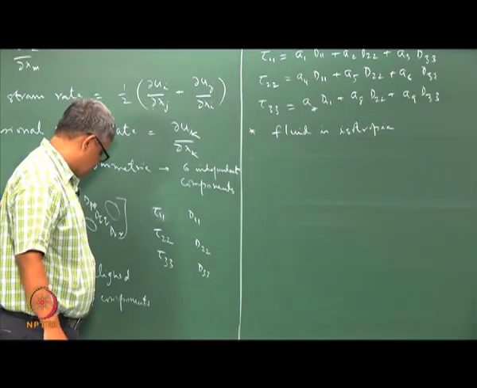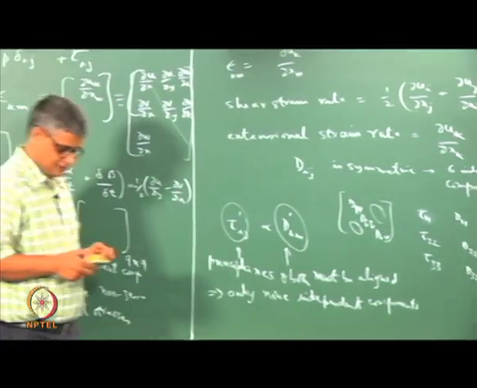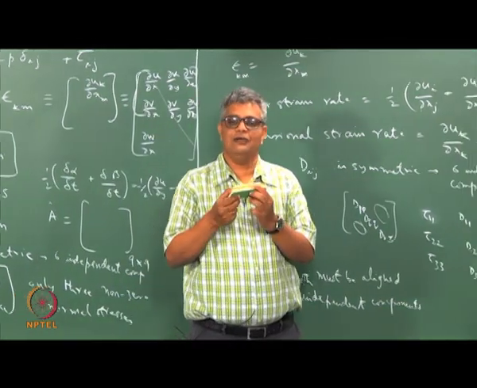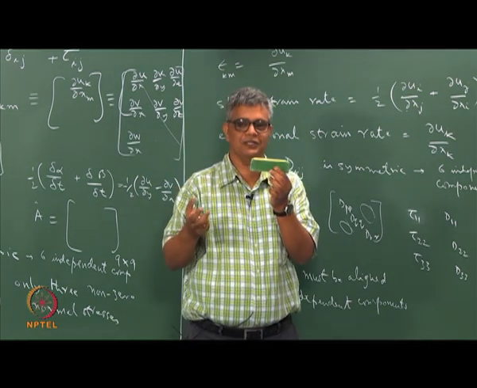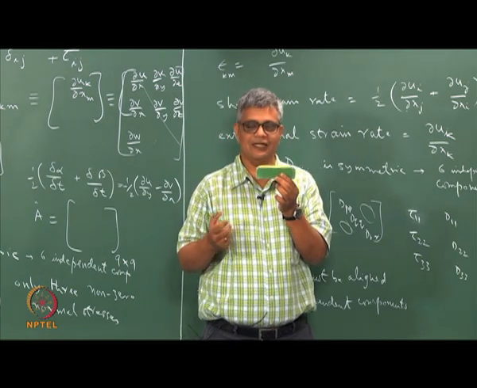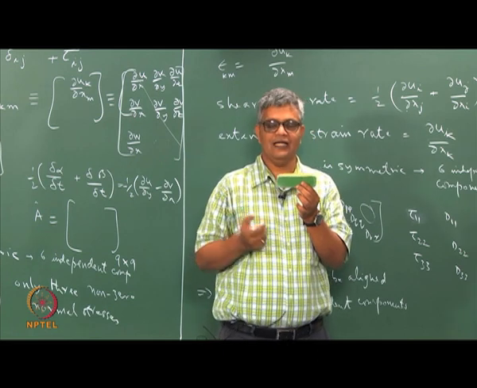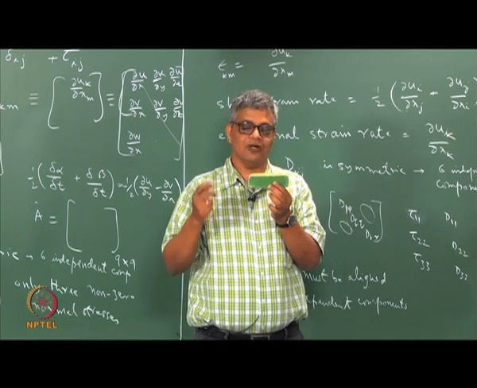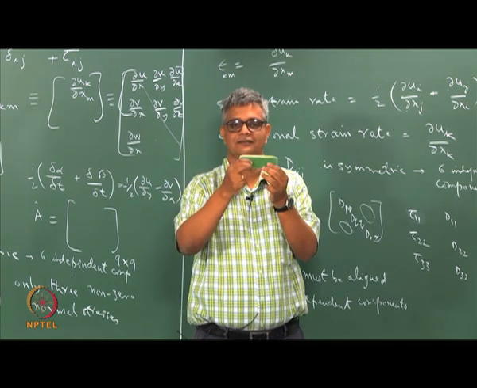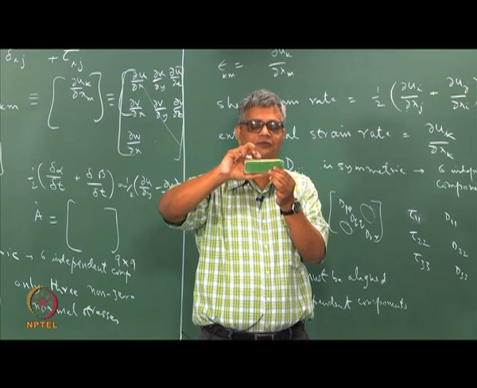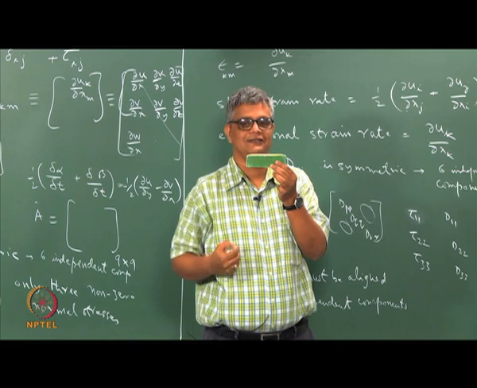So when we say the fluid is isotropic, then what we are saying is that application of a force on this produces a deformation in a solid body, and in the case of a fluid it produces a rate of deformation. Okay. And what we are saying is that if you apply a tensile stress in this direction, then in a solid body it produces a deformation in this direction, and also in the z direction.